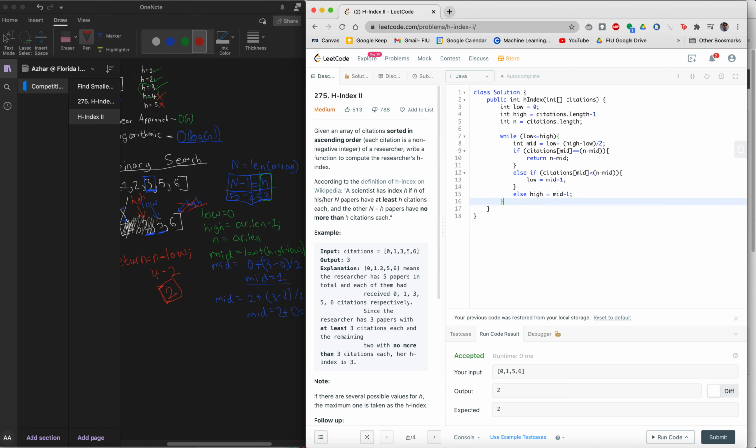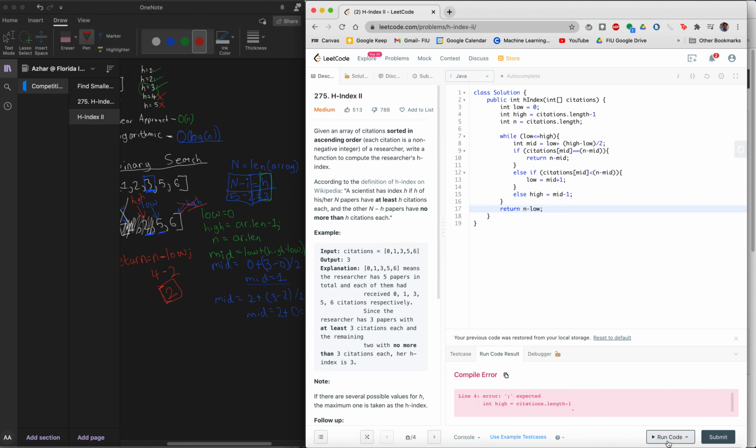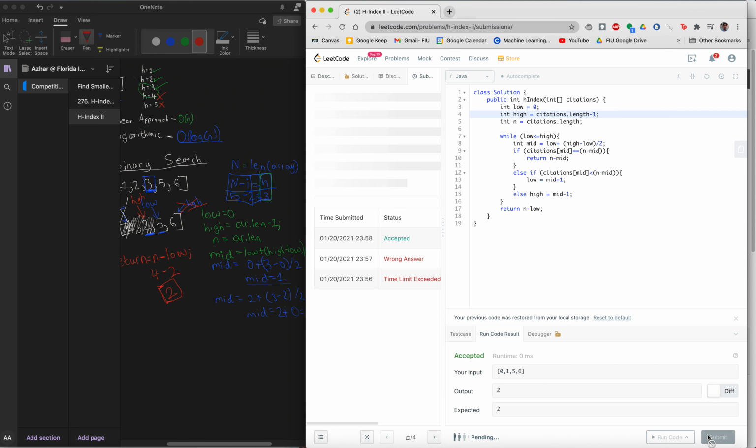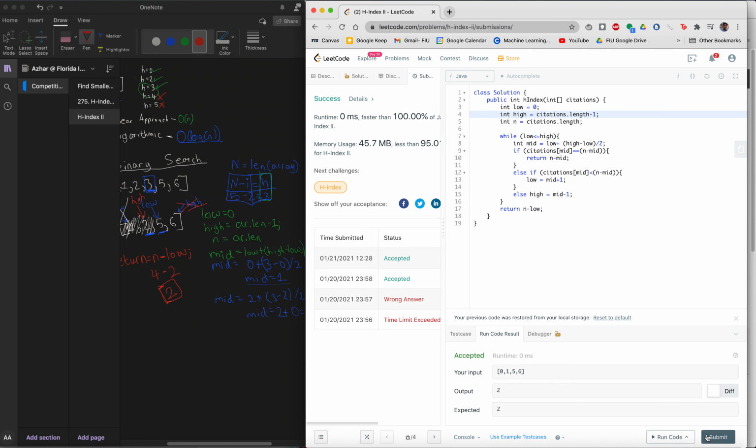And by chance, if high becomes less than low, then you return n minus low. Yep, that's exactly how you do H-Index 2.